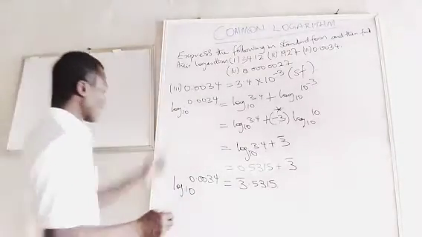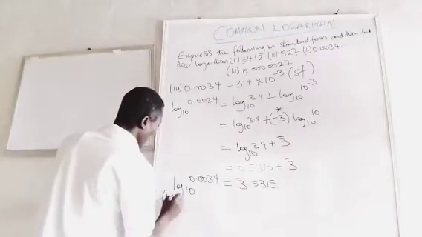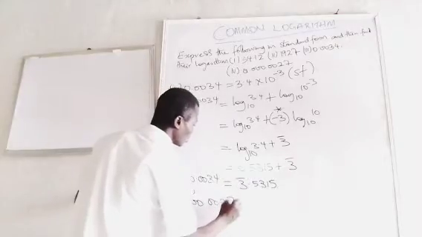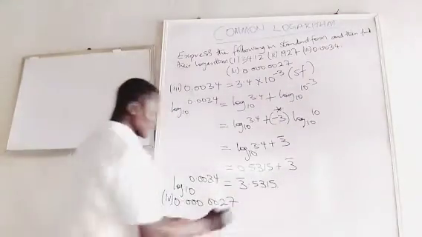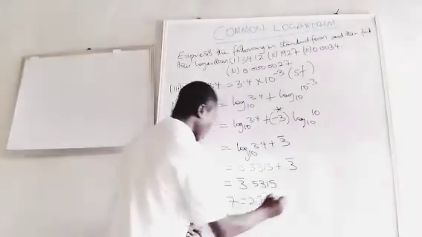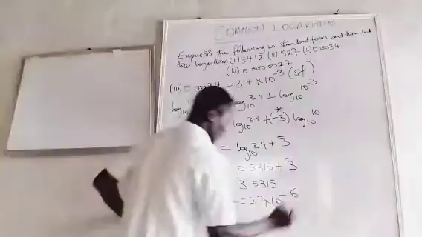Okay, I think I still have another one. The last one is 0.0000027. In standard form, this is going to give us 2.7 times 10 raised to the power minus, let's see, 1, 2, 3, 4, 5, 6, minus 6.